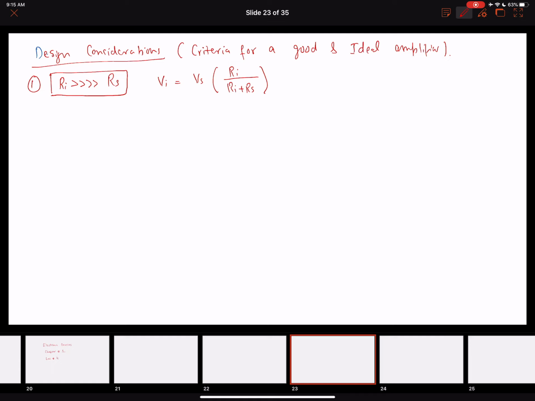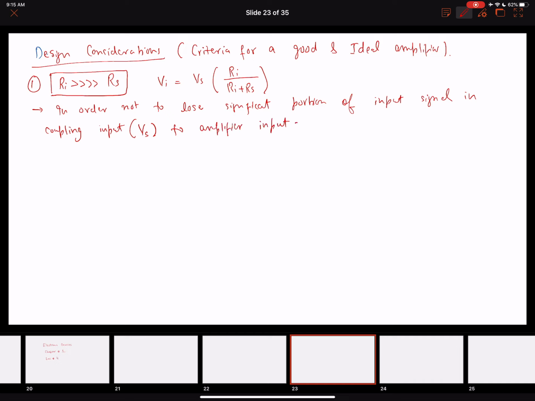All right. So in order not to lose a significant portion of input signal in coupling input Vs here to amplifier input, right?